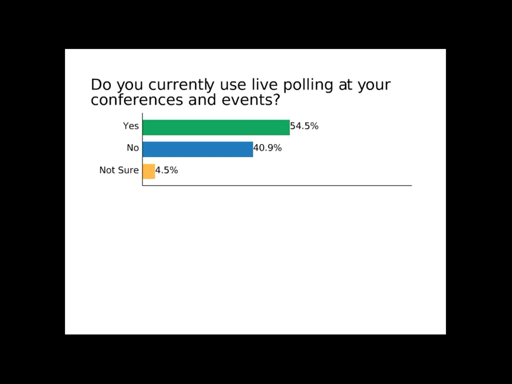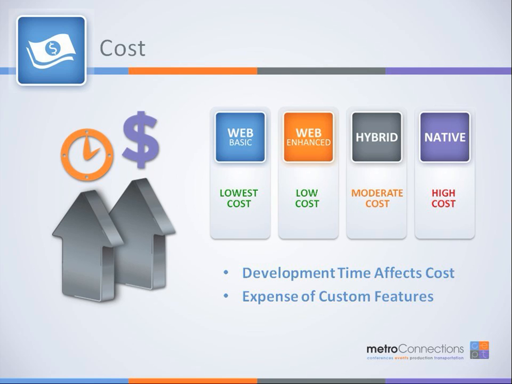One of the things to keep in mind is if you have somebody in your company that says we should do a native app, you should really press for what types of features they want to get out of that native app, because we could be more fiscally responsible on either a hybrid or Web Enhanced. Obviously, if they have good reasons for it, that's the way to go. If they don't, then maybe the discussion goes towards the hybrid or Web Enhanced.